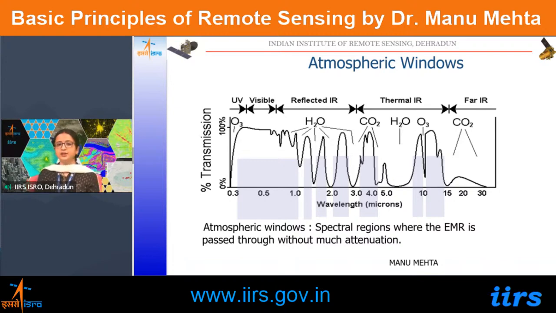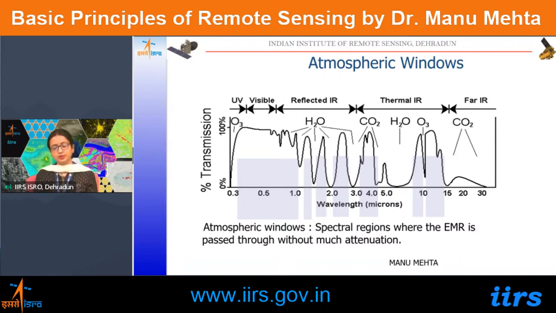Okay, so here in this diagram, you can see that on the x-axis you have wavelength, and on the y-axis you have transmission. And there are several atmospheric windows. Windows means those regions where electromagnetic radiation is passed without much attenuation. Okay, the attenuation is low.